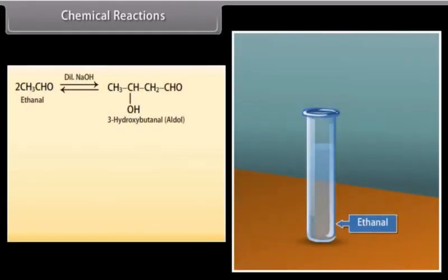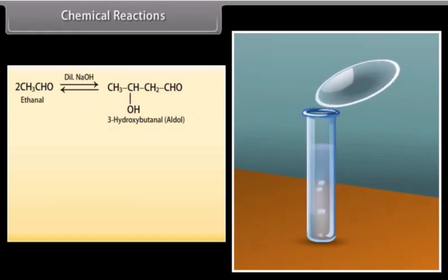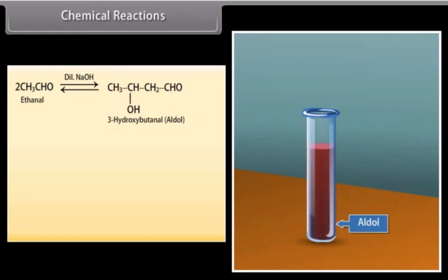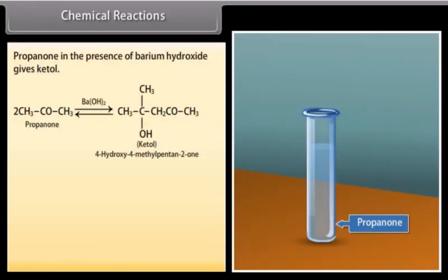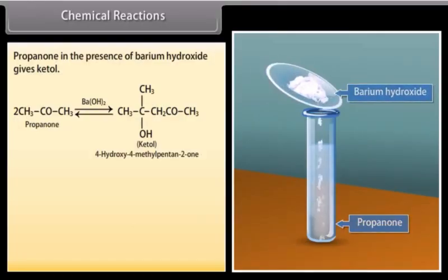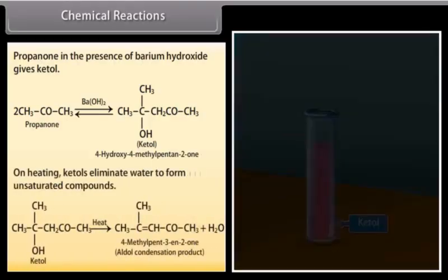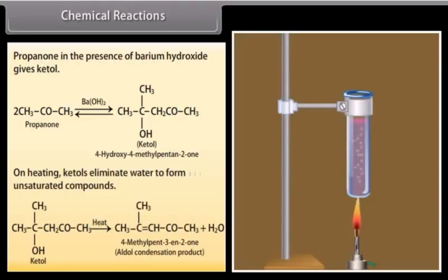Ethanal in the presence of dilute sodium hydroxide undergoes condensation to form a syrupy liquid known as aldol. On heating, aldols eliminate water to form unsaturated compounds. Propanone in the presence of barium hydroxide gives ketol. On heating, ketols eliminate water to form unsaturated compounds.